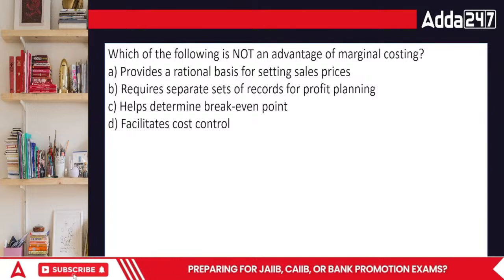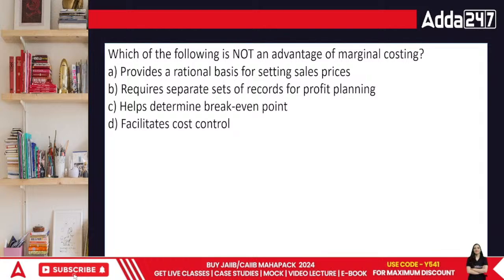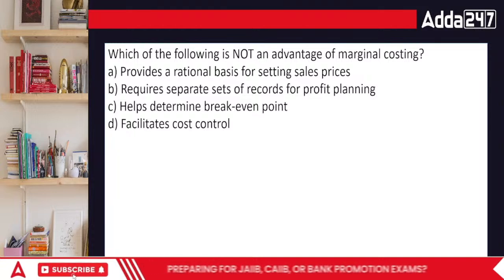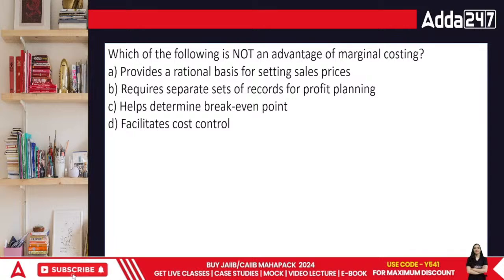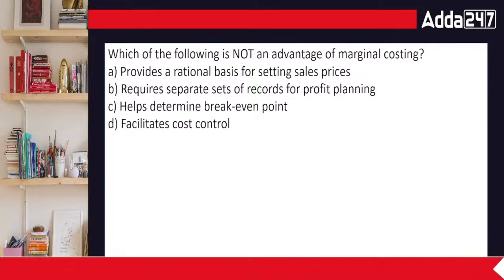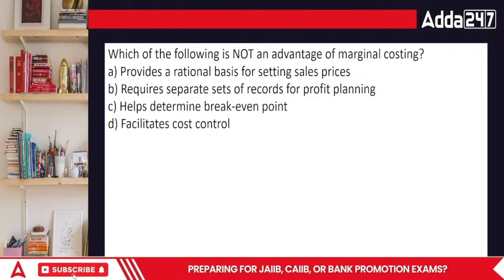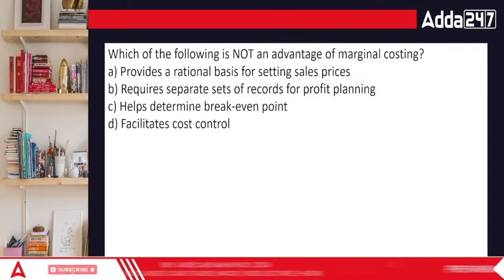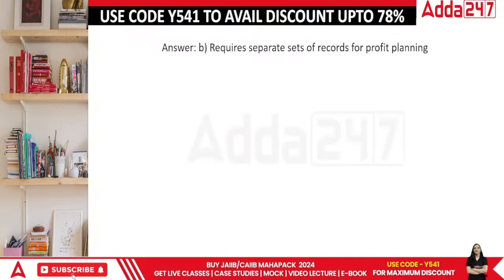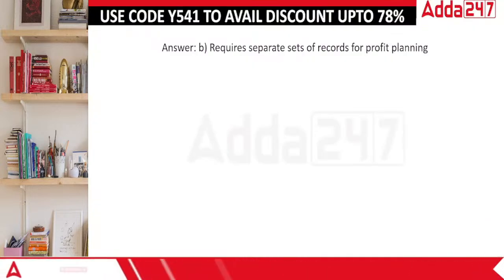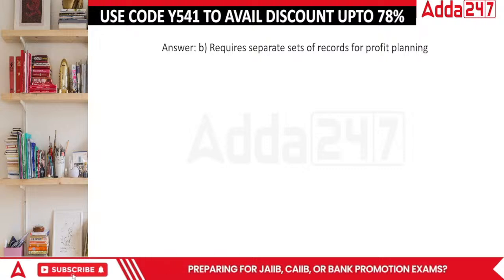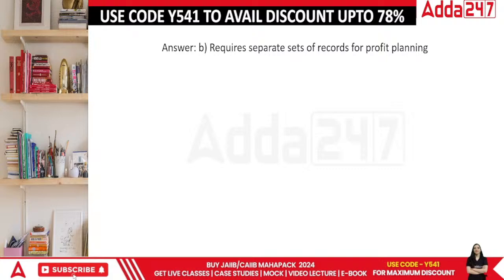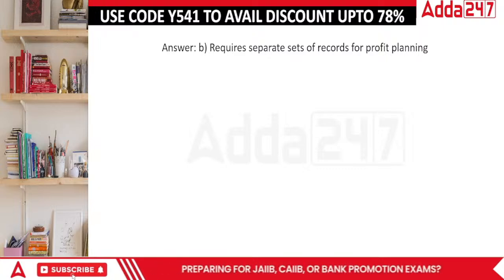What is not an advantage of marginal costing? Facilitates cost control, it does. Helps determine break-even point, it does. Provides a rational basis of setting the sales price, yes. Requires a separate set of records: I think all things make sense except B. There's no point of setting up the records for profit planning. This is not a relevant point. Rest everything else is. The answer is B. Next question.